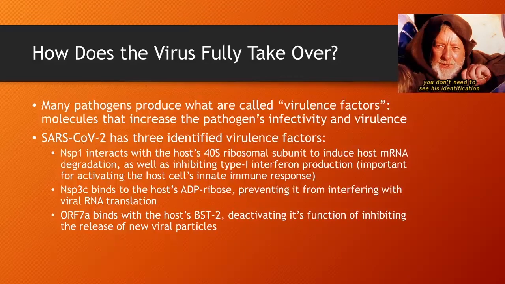But this virulence factor will bind to that protein that tries to do that, preventing it from actually inhibiting the virus from spreading. So very, very useful tools that the virus produces to enable itself to replicate and fully take over the cell's functions.